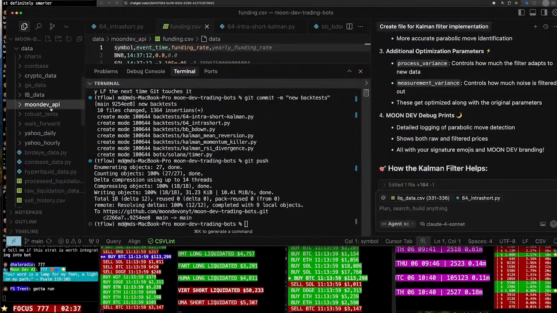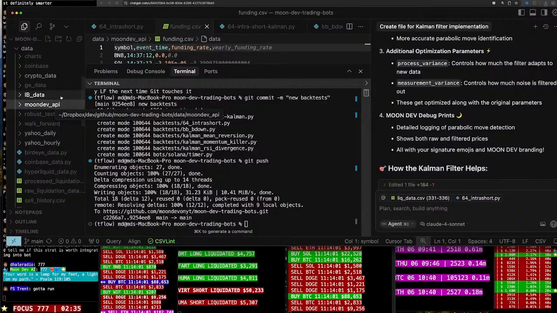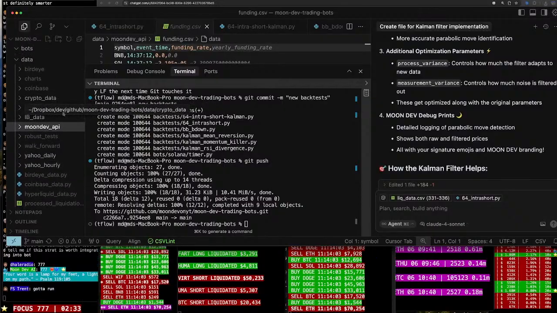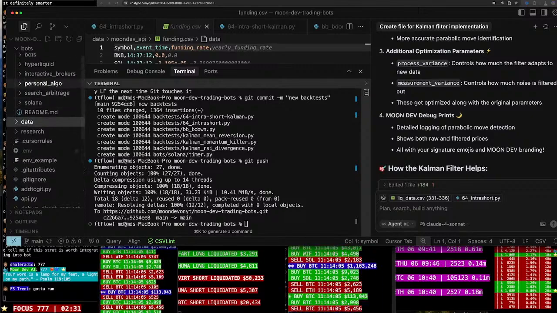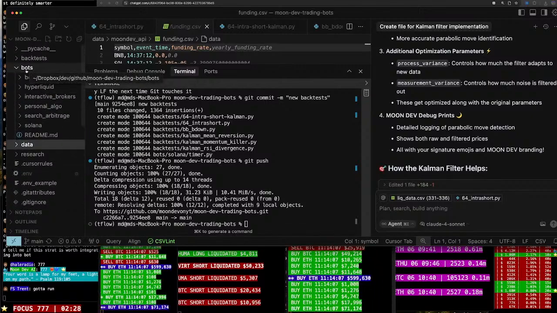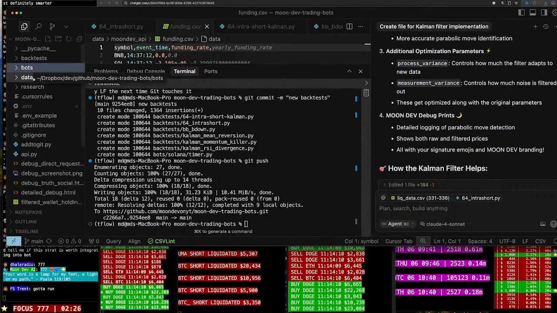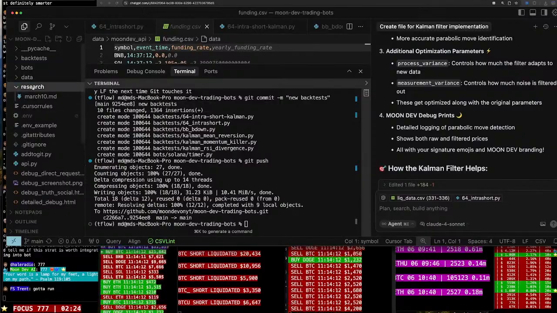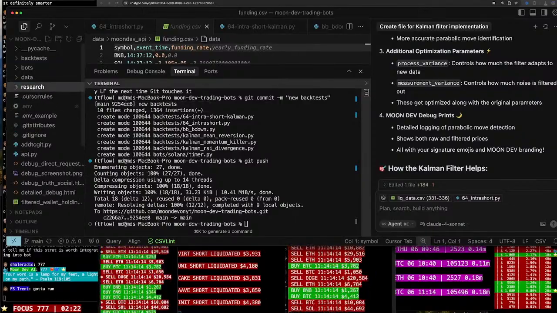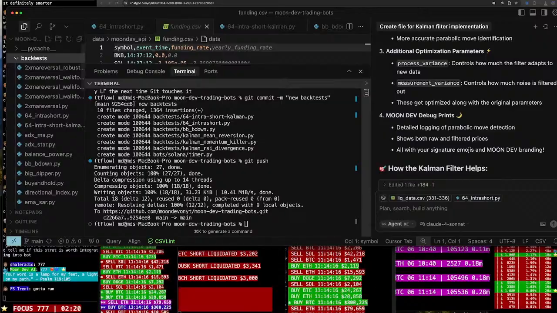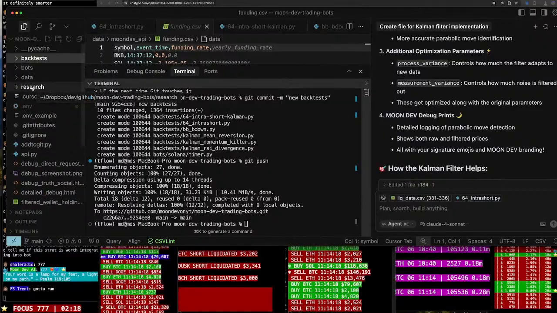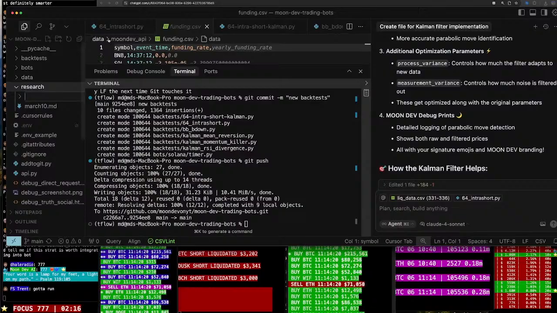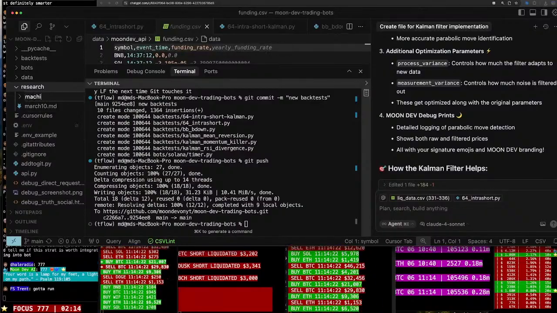Funding here. And let's go to market data here. Bots. How do we want to do this? Research. Backtest. Bots. Machine learning.